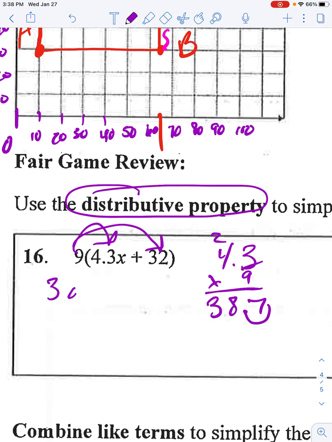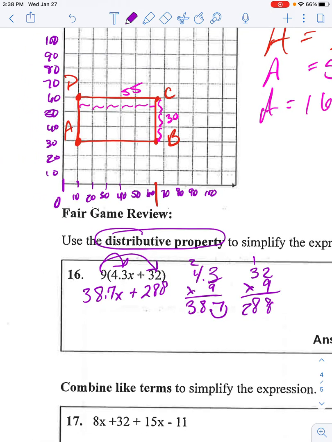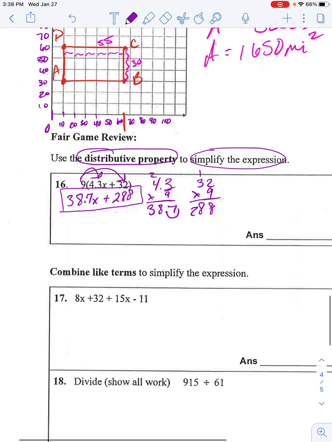Move the decimal once. Is 38.7x. And then I should see 32 times 9. 288. You cannot simplify this. They're not like terms, so it's done. 38.7x plus 288.